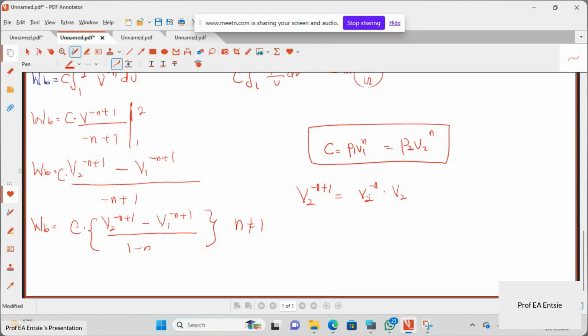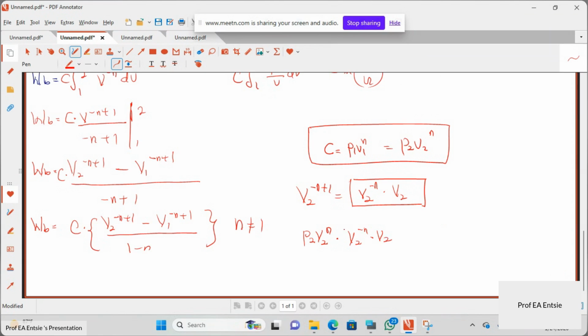So if I come here in terms of C for the first expression, which is V2 exponent negative n plus 1, I will use P2 V2 exponent n as C. So I will get P2 V2 exponent n, which is C in that case, times V2 exponent negative n plus 1, which is the same as this times V2.